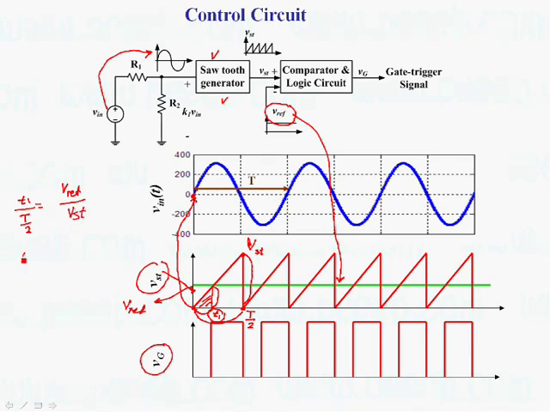So T1 is T/2 times V reference over V sawtooth.